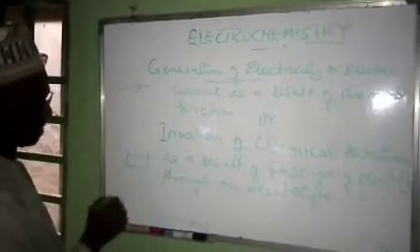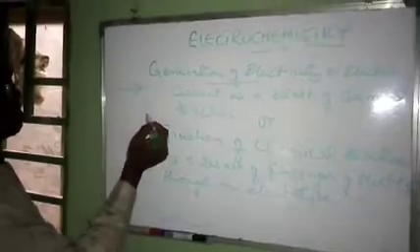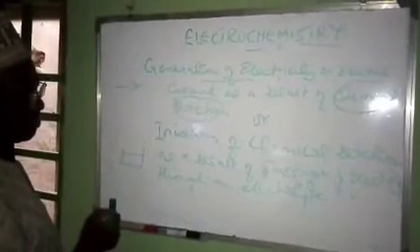Here you generate electricity as a result of a chemical reaction. The chemical reaction taking place generates the electricity for you. Or you initiate a chemical reaction as a result of the passage of an electric current through what is known as an electrolyte. Now, what is an electrolyte?